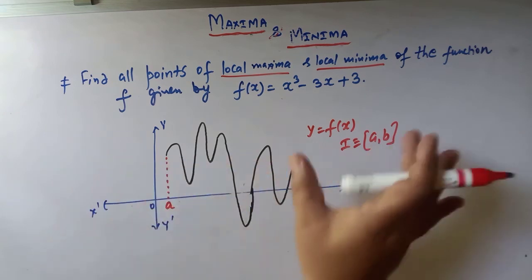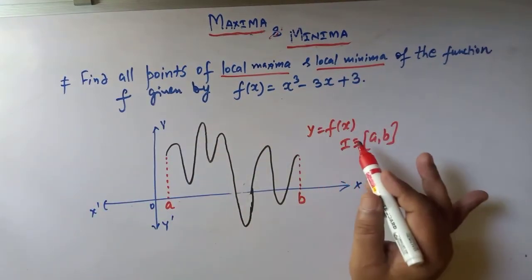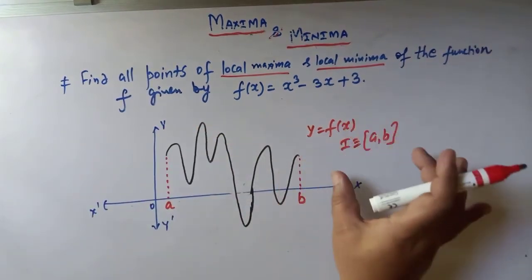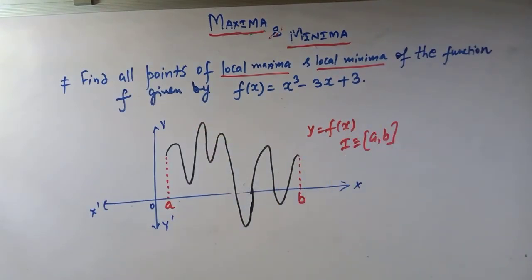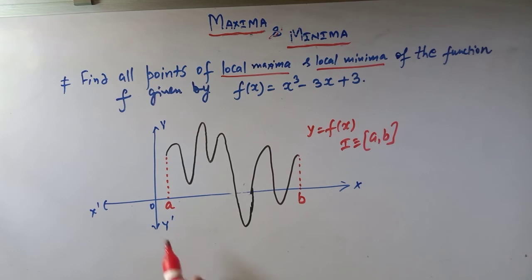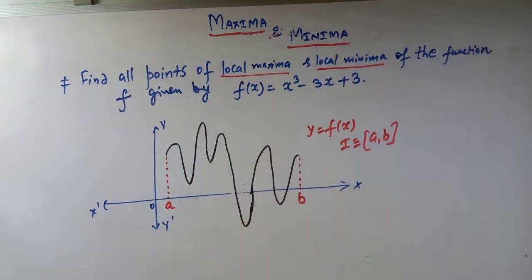Viewers, suppose we have a graph y equal to f of x. Suppose this function is defined in the interval a comma b, and we have the plot of this graph here. We see that there are some high points and some low points.